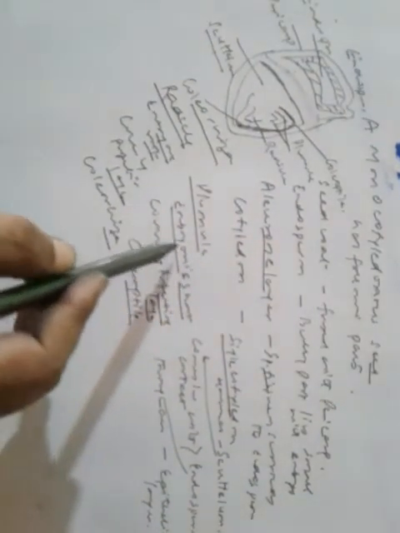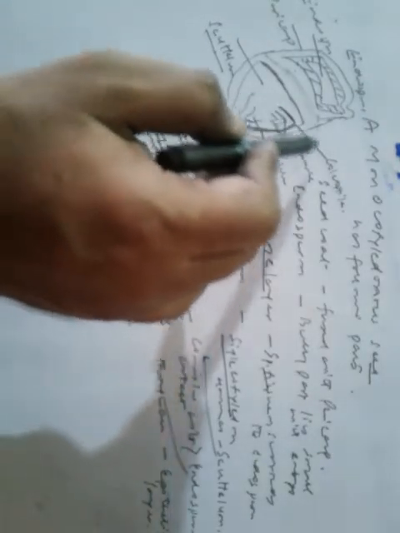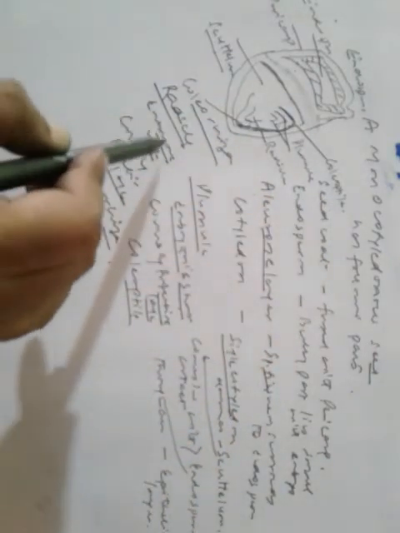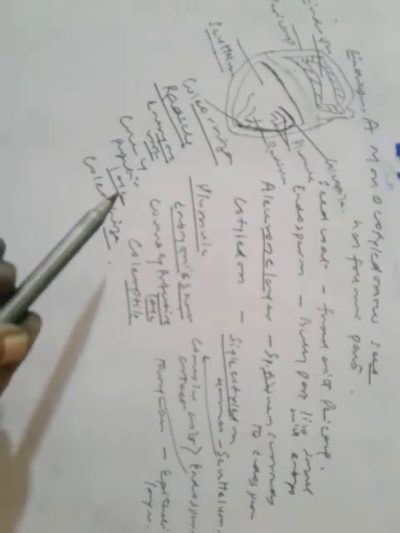It comes in contact with endosperm through an epithelial layer. Plumule, embryonic shoot, covered by a protective layer known as coleoptile. Radicle, embryonic root, covered by a protective layer called coleorhiza.